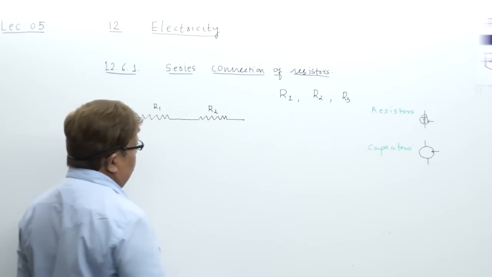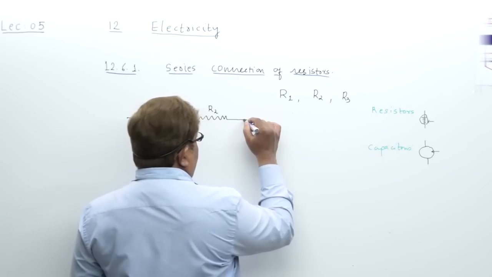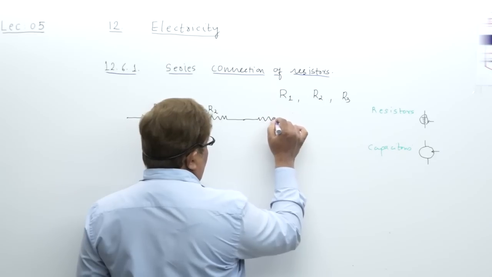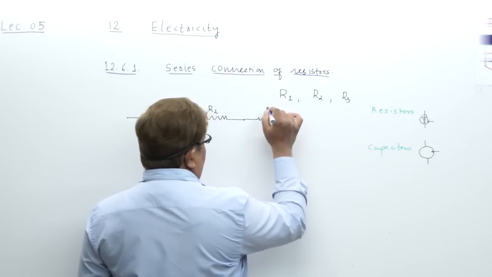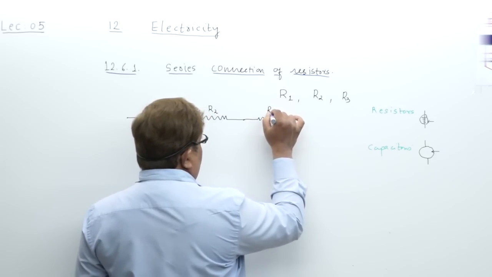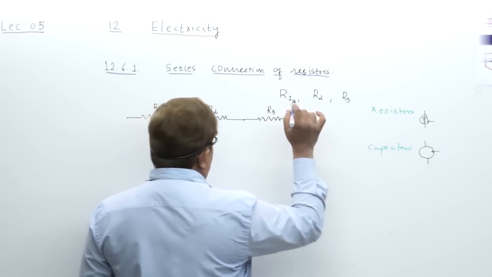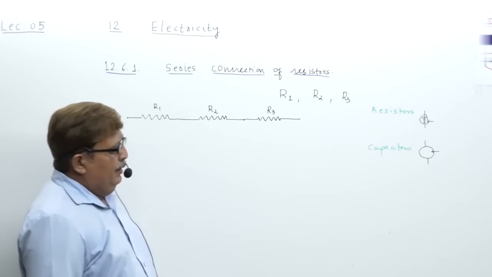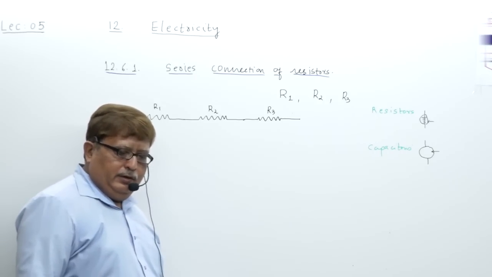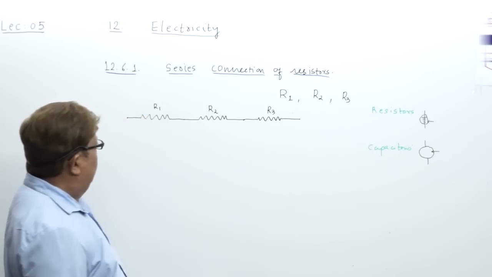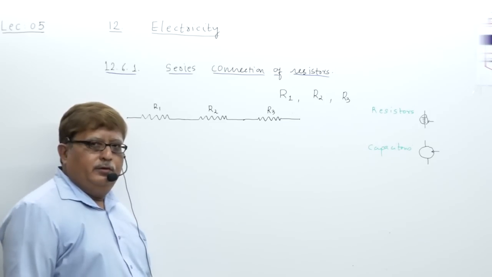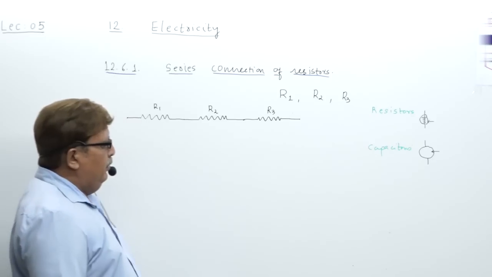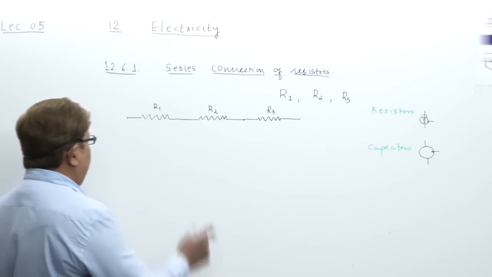Then let us take a third resistor, you can say R3. My dear student, three resistors R1, R2 and R3 I am going to connect in series connection.